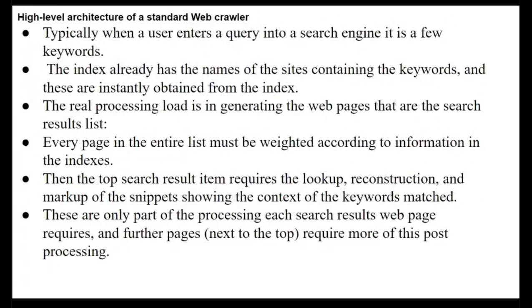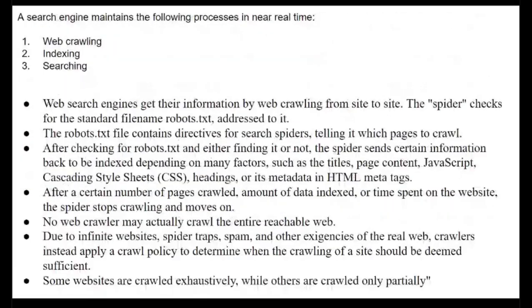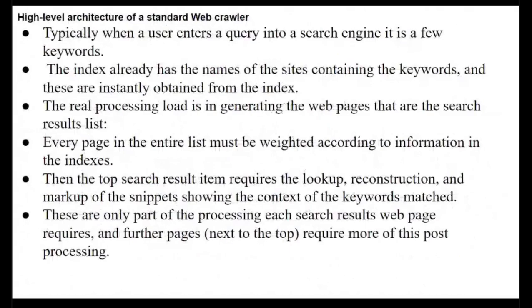So these are the types in web crawling, indexing and searching. In this way the searching is done inside the website, and in this way we are getting the information into our web page.